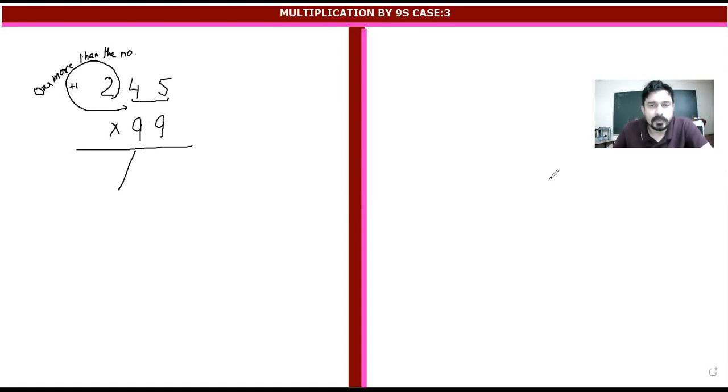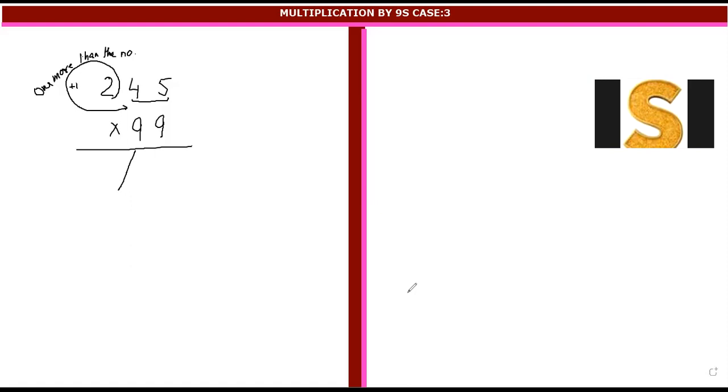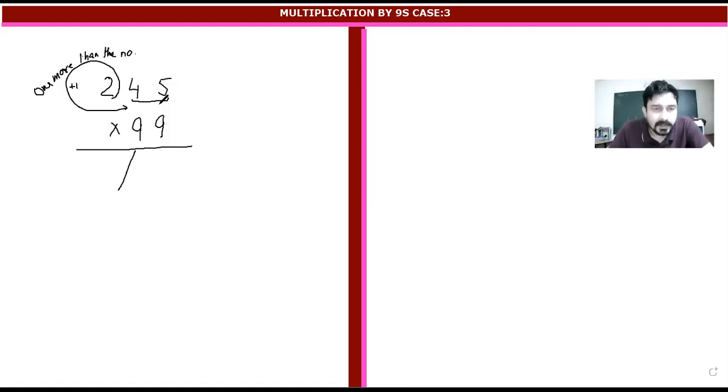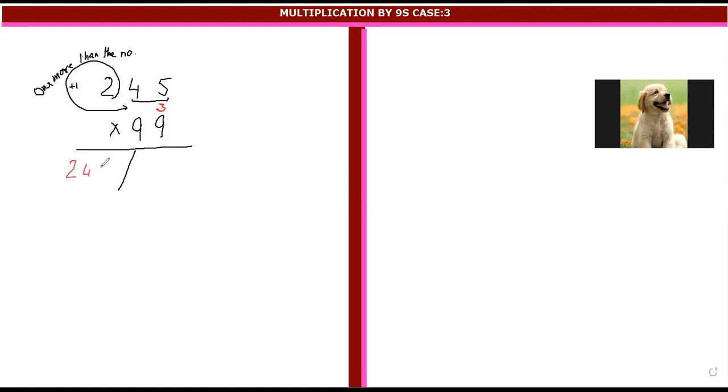So we get 2 plus 1 equals 3. So we will be subtracting 3 from this number to get our LHS. 245 minus 3 is 242. This is our LHS.